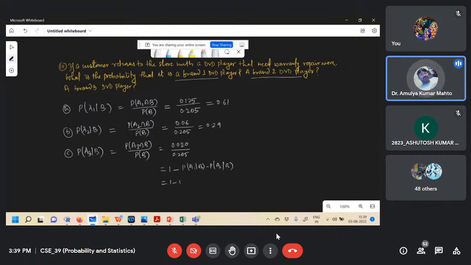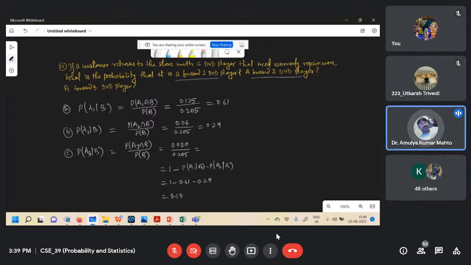So this will be 1 minus 0.61 minus 0.29. This value is 0.10. If you use this one here, this should be the same, 0.10. So this is how you can calculate these values by using the conditional probability.